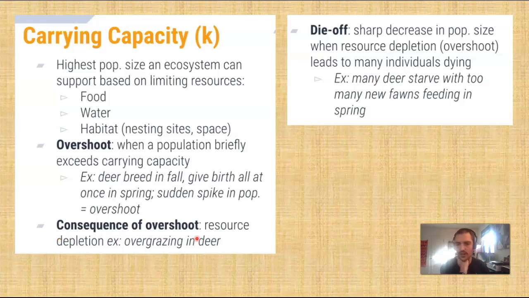A consequence of the overshoot would be resource depletion, for example, overgrazing with these deer. And then a die-off occurs, where there's a sharp decrease in population size when resource depletion or overshoot leads to many individuals dying. For example, many deer starve when there's too many fawns feeding in the spring.